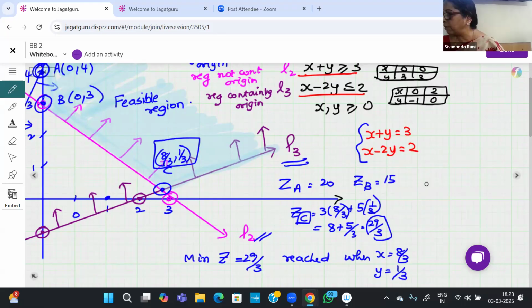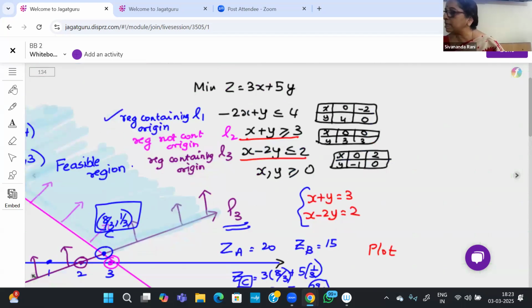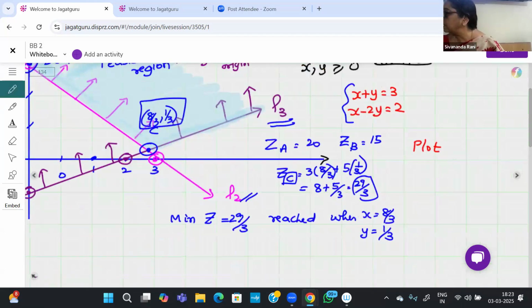What we do is take Z as 3x plus 5y, equate it to the minimum value that you got, and plot this. Plot Z at the minimum value reached.